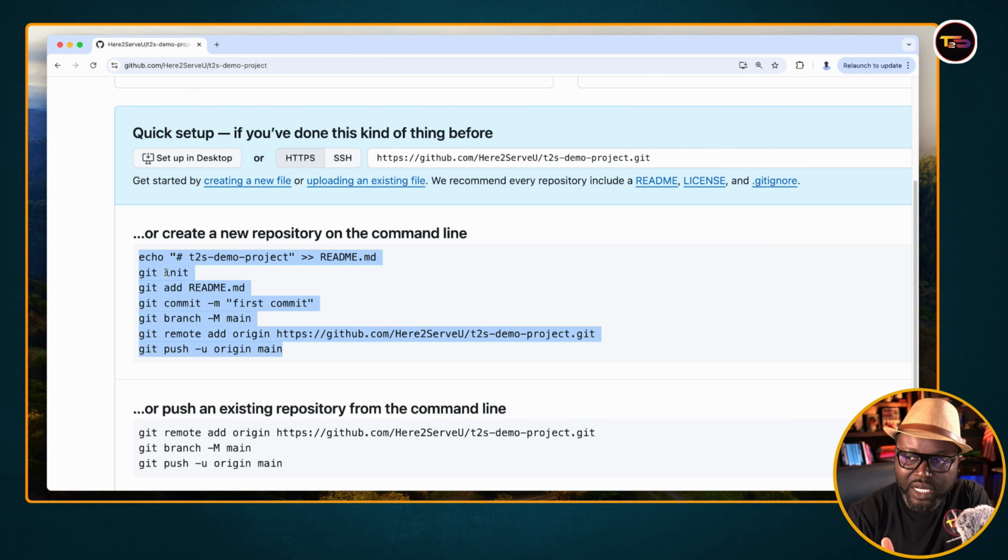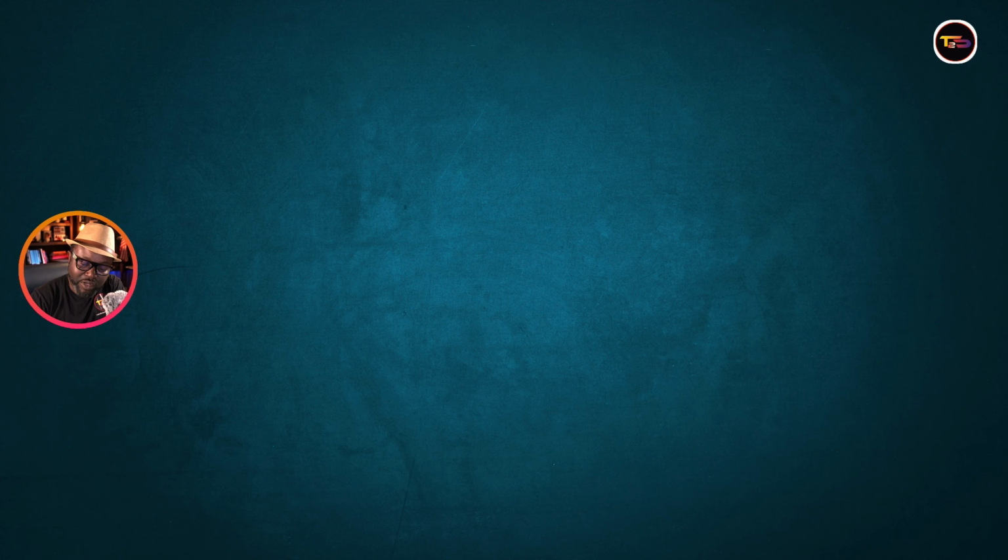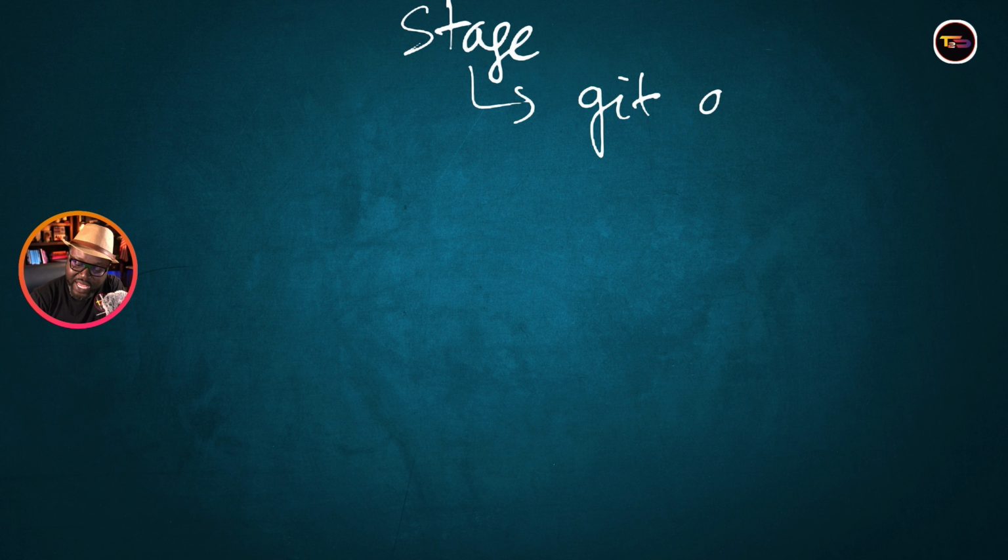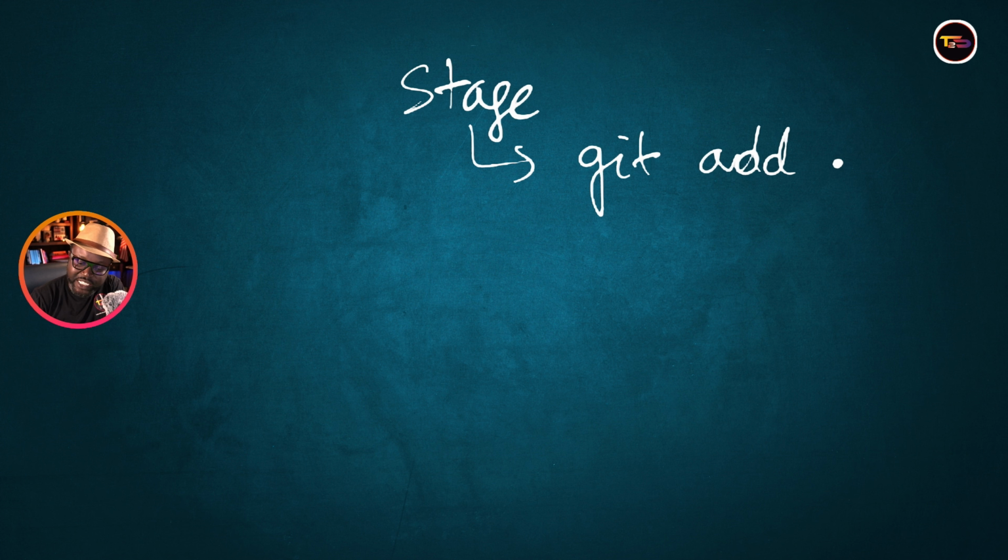First we will stage, and for us to stage, we use git add. We'll use that to say, okay, we're going to stage everything in here. But before we do that, we will need to initialize our working directory.